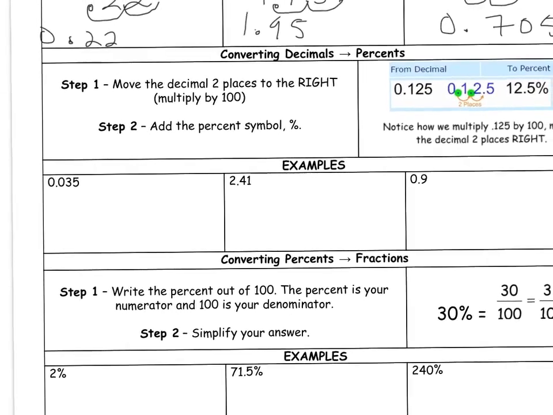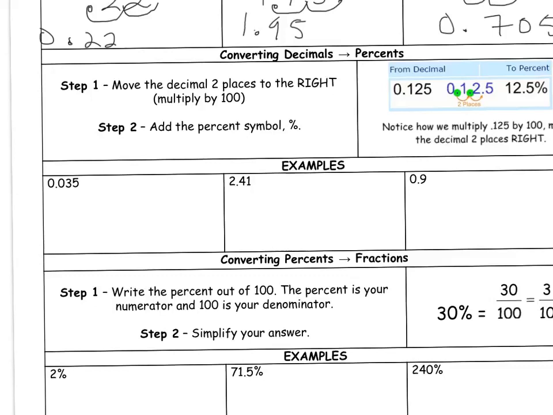Okay, so we have 35 thousandths for the first example. We're just going to move that decimal 2 places to the right. So now I get 3 and 5/10%. Okay. We have 2 and 41 hundredths.